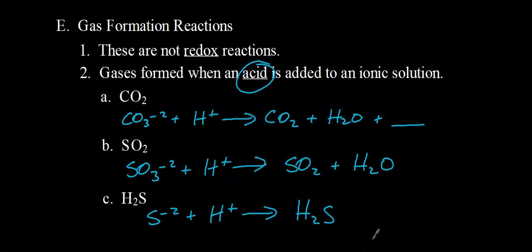For example, if you had sodium sulfide reacting with, I don't know, hydrochloric acid, you produce hydrogen sulfide gas, and in that case you'd produce sodium chloride. Again, the cation from the sulfide and anion from the acid makes your other product.